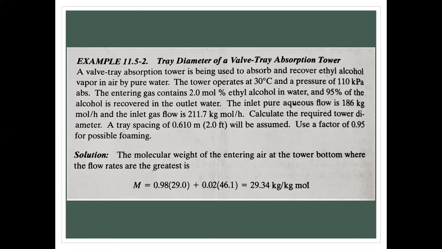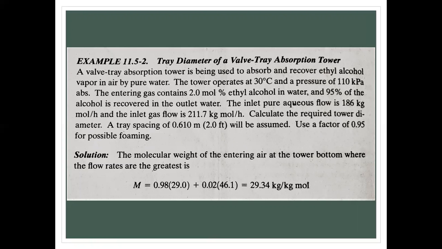So let's see how we're going to make use of this information for possible foaming in designing our valve tray absorption tower. We will determine again the molecular weight. I guess this is a requirement for all gas absorption problems, especially if you're given flow rates in mass and the concentrations are in mole. So you need the average molecular weight of your gas together with the contaminant.